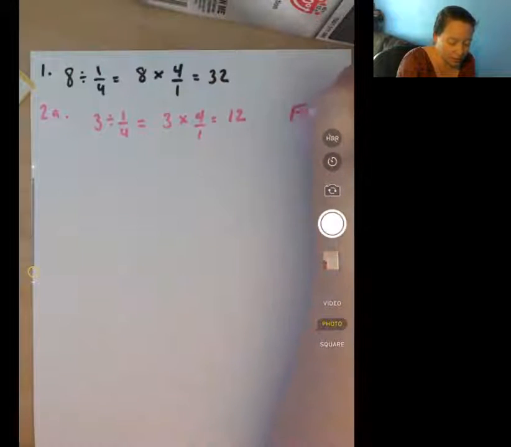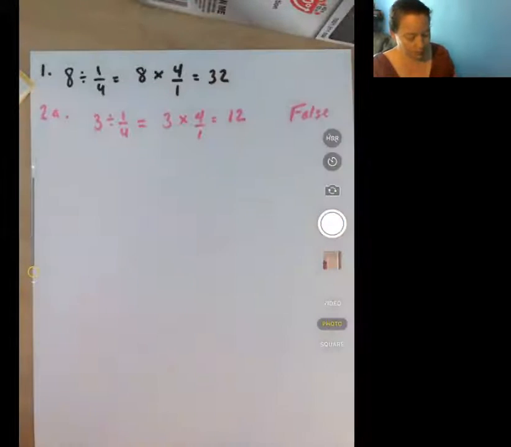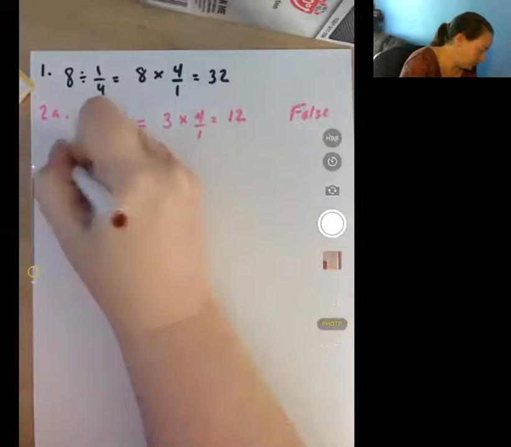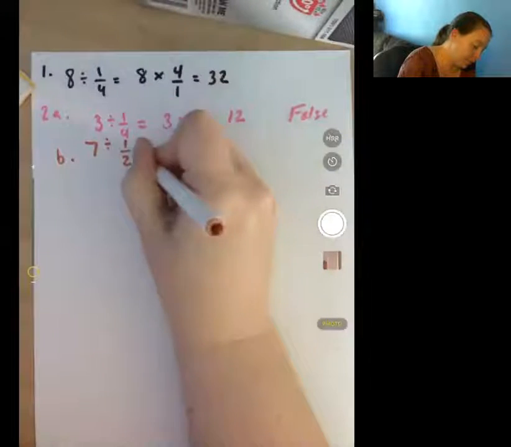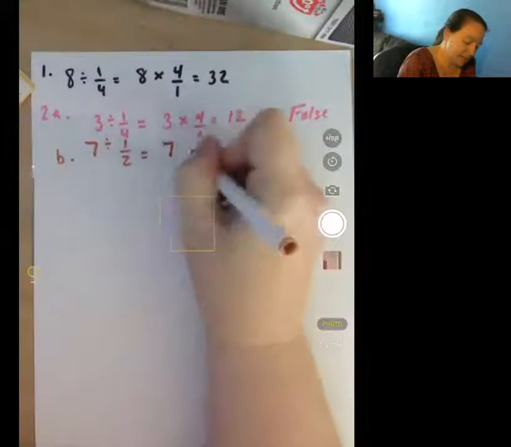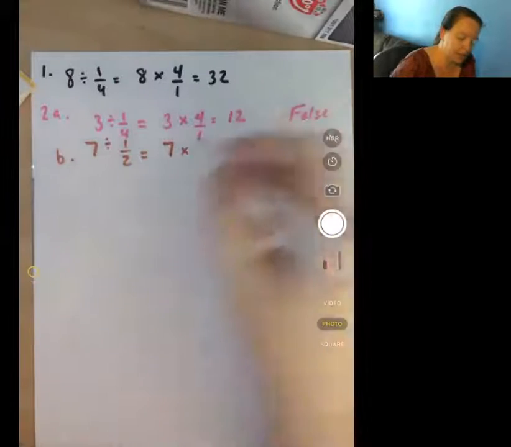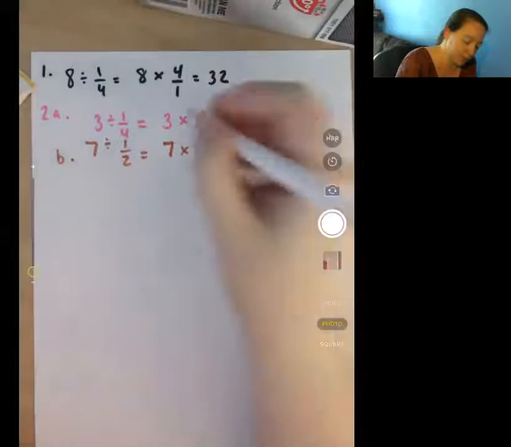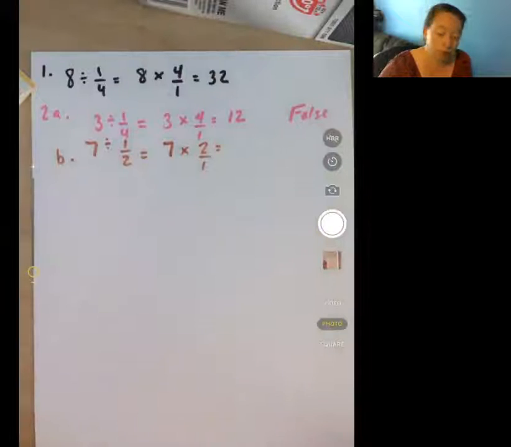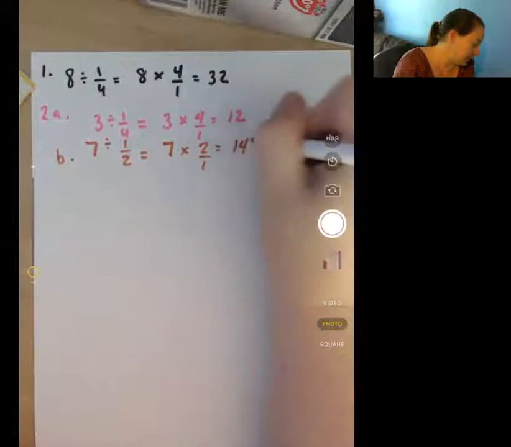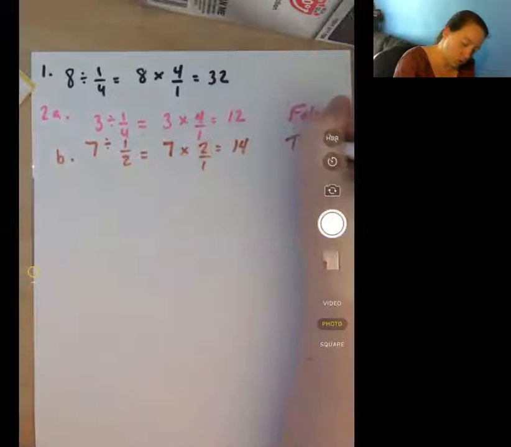Nope, so that is false. B, 7 divided by 1/2. 7 stays the same, division becomes multiplication, 1/2 flips, becomes 2/1. What is 7 times 2? 14. Is it 14? True.